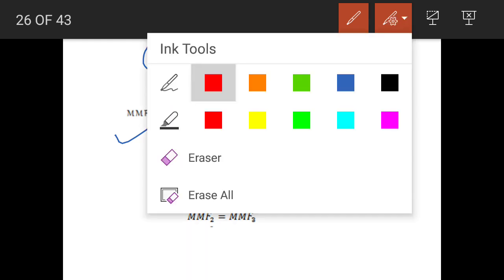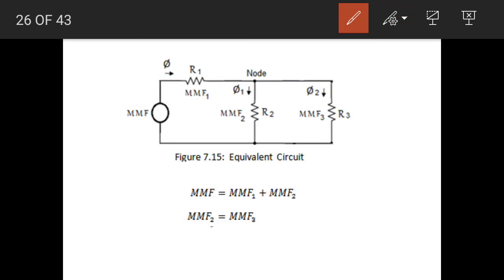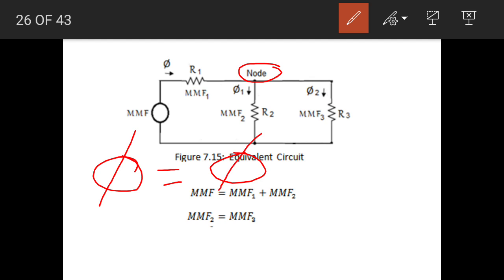So if we apply a law to this node which is analogous to KCL, according to this law, the total magnetic flux in this magnetic circuit will be equal to phi 1 plus phi 2. You see, the total MMF in loop number 1 will be equal to Ni.